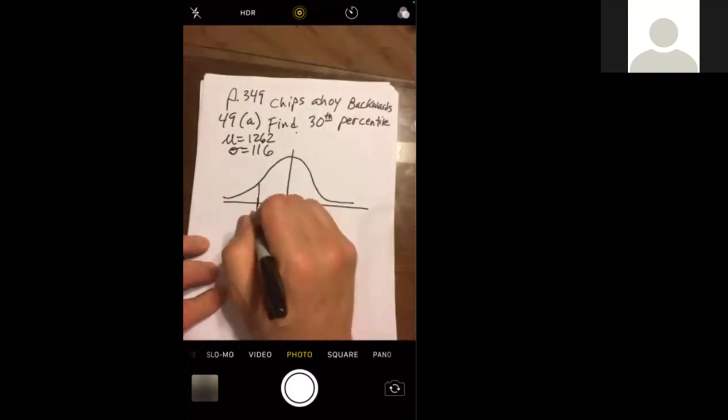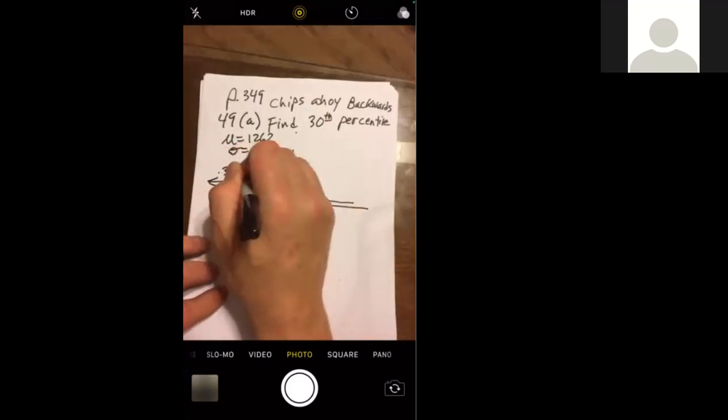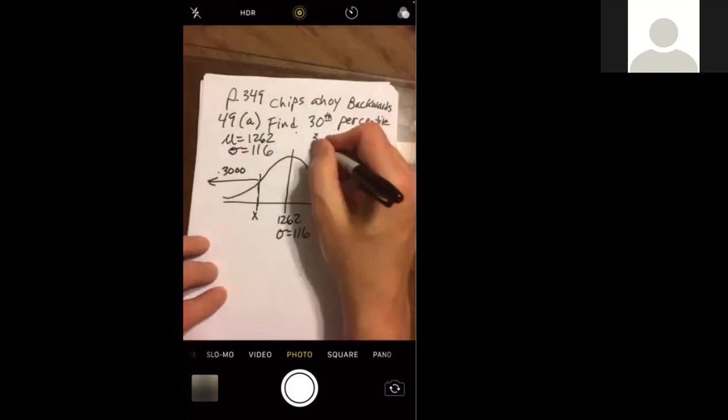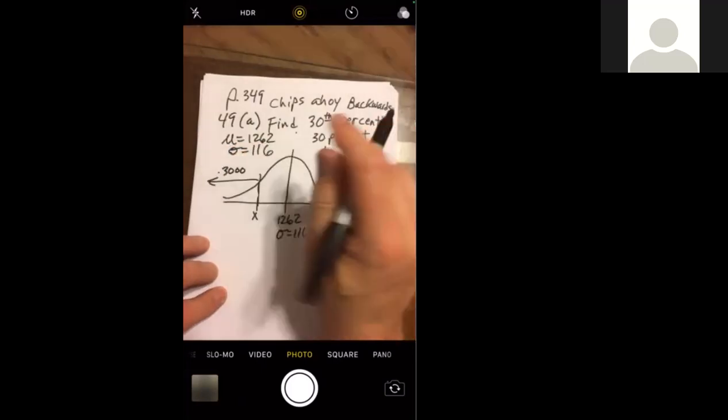There'll be some point X where you will have 0.3000 to its left. This is 30% to the left, always.